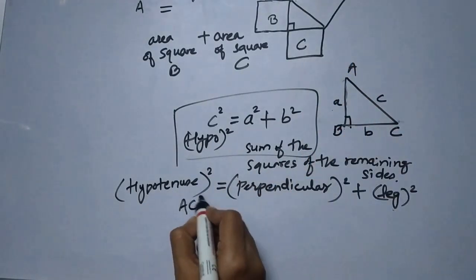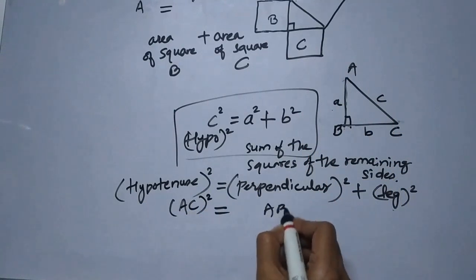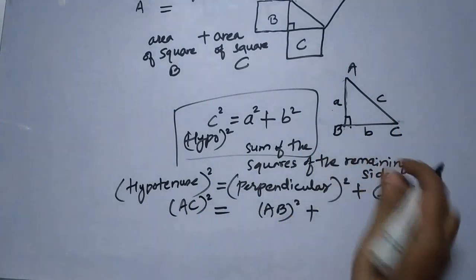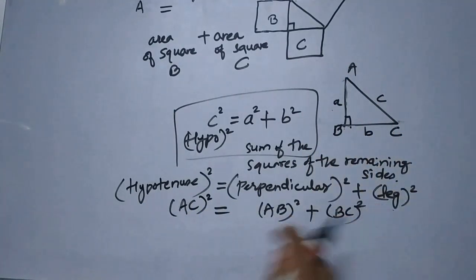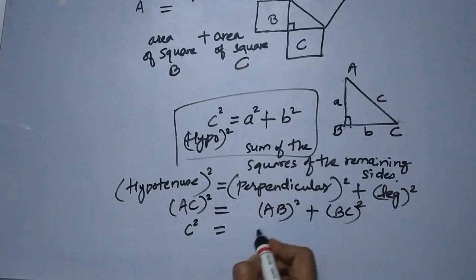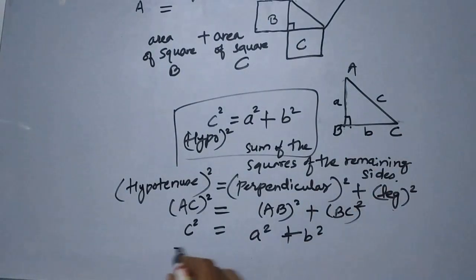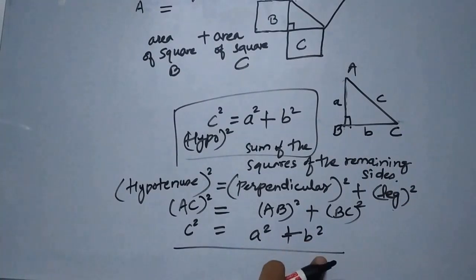AC. Side AC is the hypotenuse. And the perpendicular is AB square, plus this is BC square. And we have given names: AC is side C square, AB is A square, and BC is B square. So friends, you can say hypotenuse square is equal to the sum of the two remaining sides' squares.